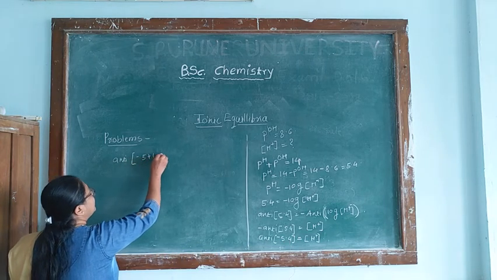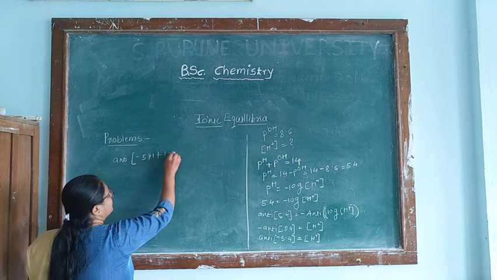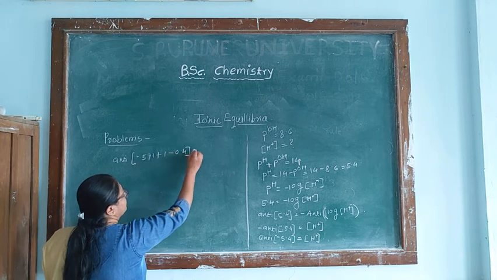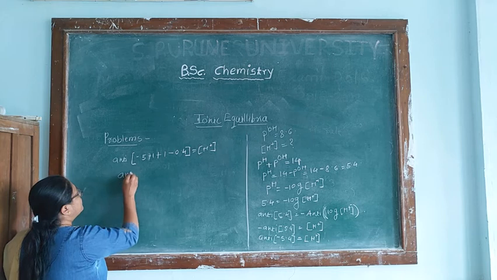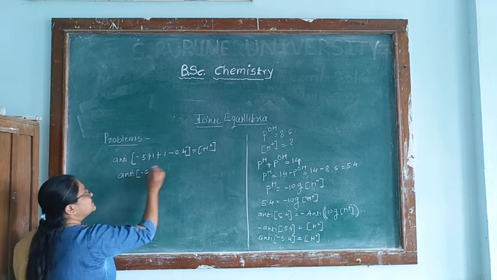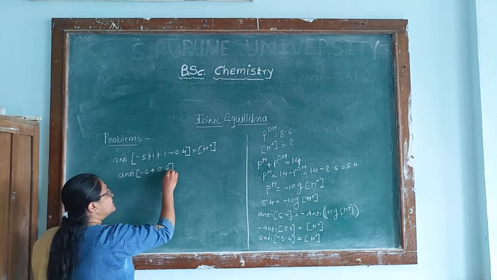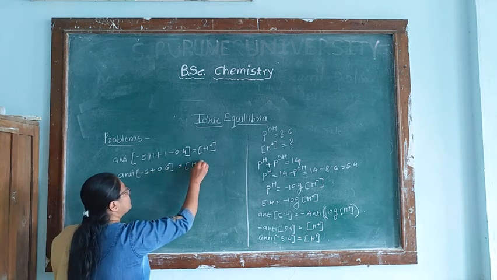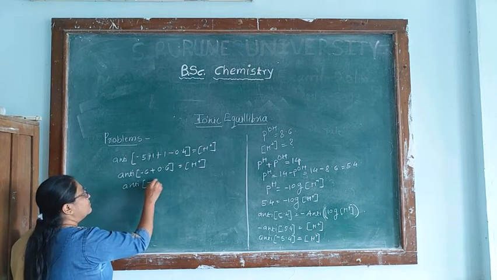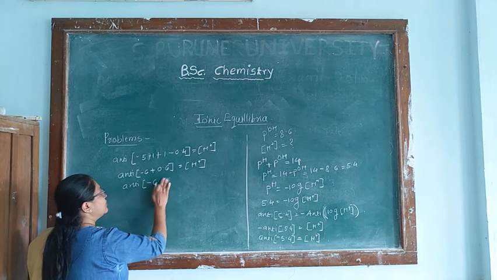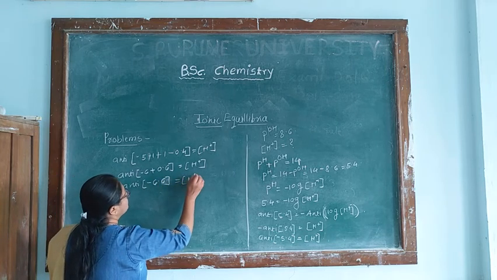By making plus 1 and minus 1. So this is equal to anti-log of minus 6 plus 0.6, which is equal to H plus ion concentration. So anti-log of minus 6 plus 0.6 is equal to H plus ion concentration.